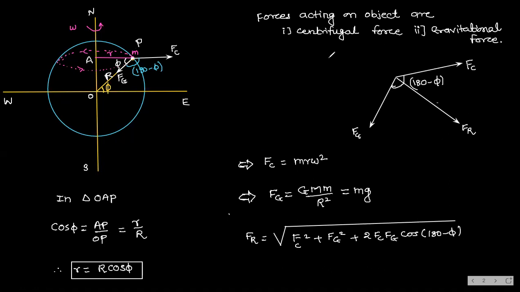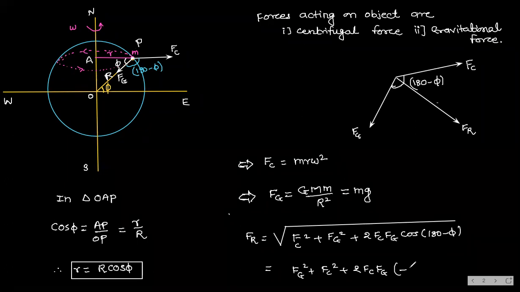Okay, right. So see here, one more step I'm adding. Can I write like this: Fg square plus Fc square plus 2 Fc Fg cos of 180 minus phi? Cos of 180 minus phi is how much?